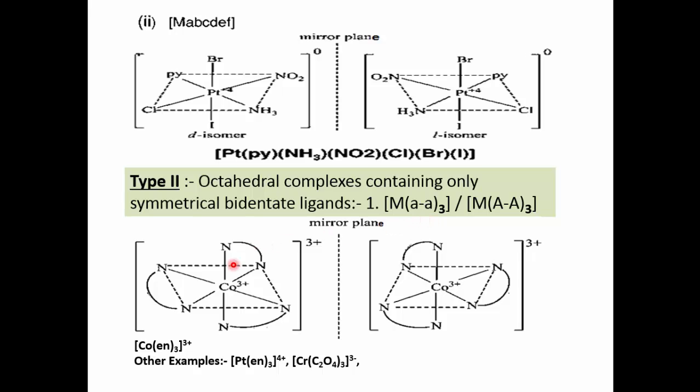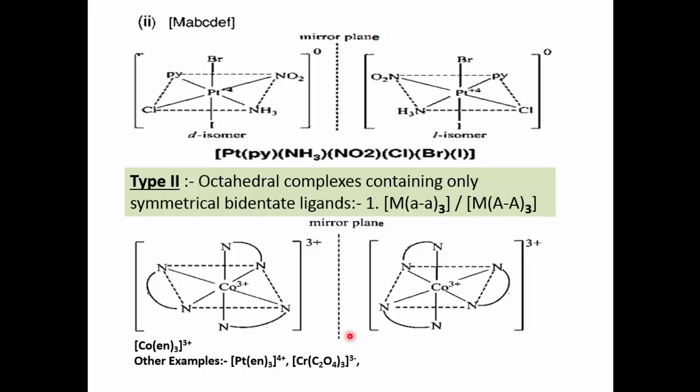For example, see here, to the cobalt, ethylene diamine is attached. Three molecules of ethylene diamine are attached. We know that an ethylene diamine molecule contains two nitrogen donor atoms. Here also two nitrogen donor atoms, and here also two nitrogen donor atoms.